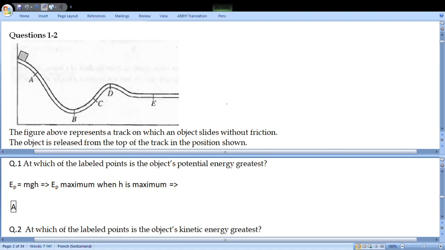The figure above represents a track on which an object slides without friction. Without friction we will underline, because this is important. The object is released from the top of the track in the position shown.